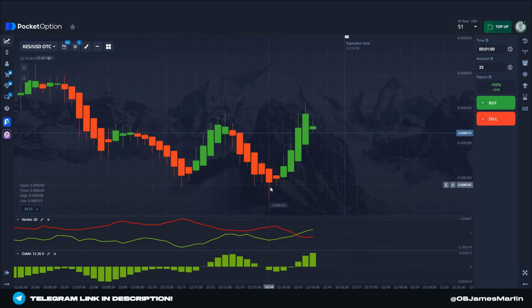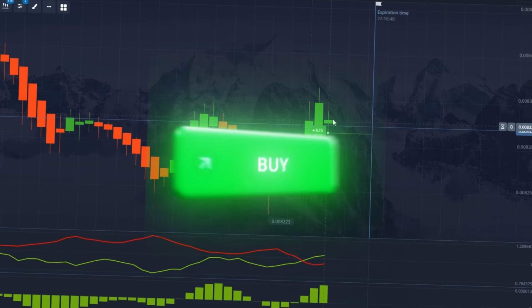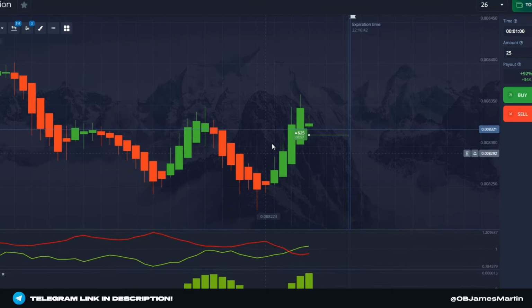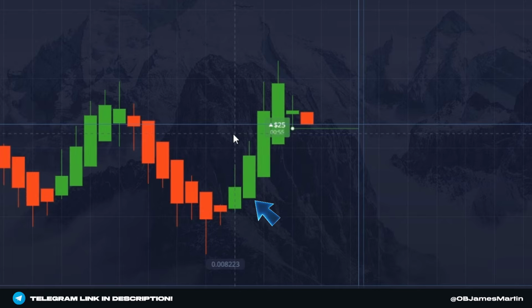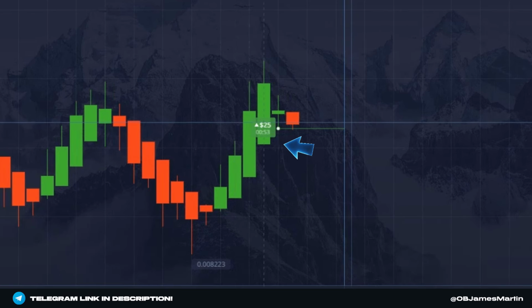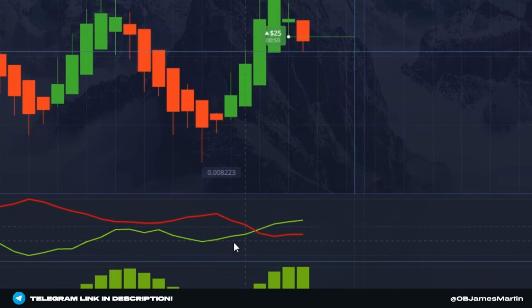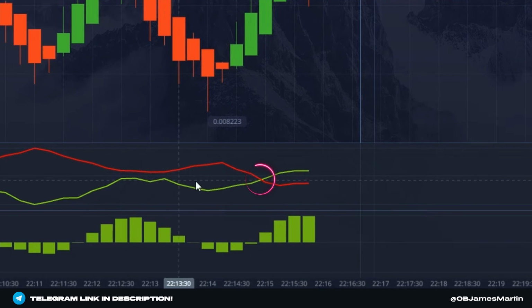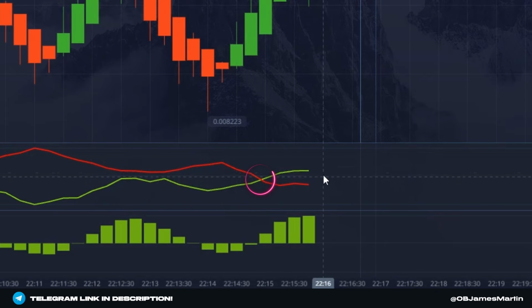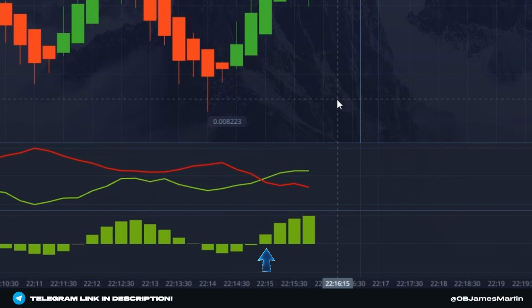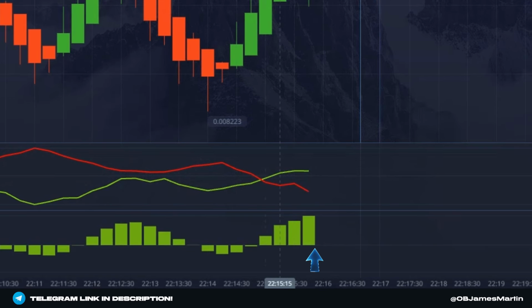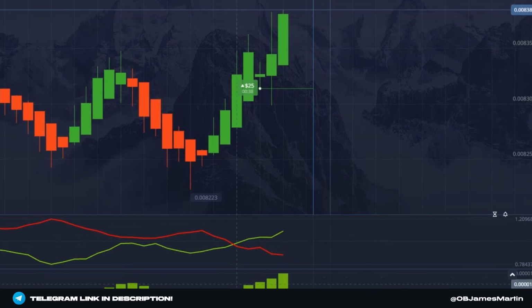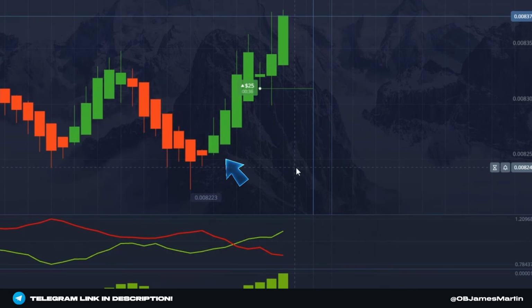Alright guys, I just found a very good opportunity right here for a buy trade. The first thing we consider on this particular level is the intersection on the vortex indicator. In this case, a buy trade, guys, the green line is above the red one, and not only that, you must be able to see at least 2 or 3 or 4 smart candles operating before you can place a trade. Another thing to put into consideration, guys, is the candlestick on the OSMA.